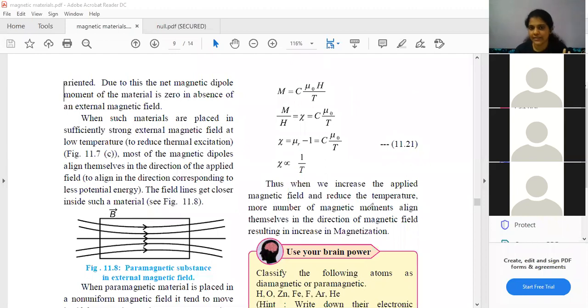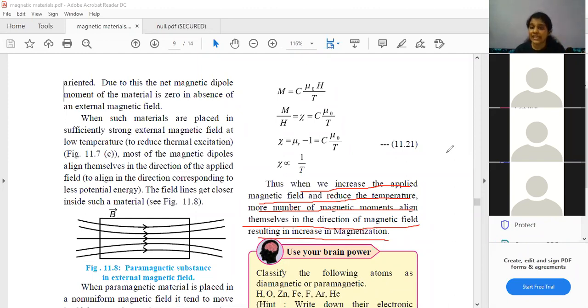Okay, in paramagnetic materials, when we increase the applied magnetic field and reduce the temperature, more number of magnetic moments align themselves in the direction of the magnetic field, resulting in an increase in magnetization. For a paramagnetic material, according to Curie's law, magnetization is directly proportional to magnetic field and inversely proportional to temperature.